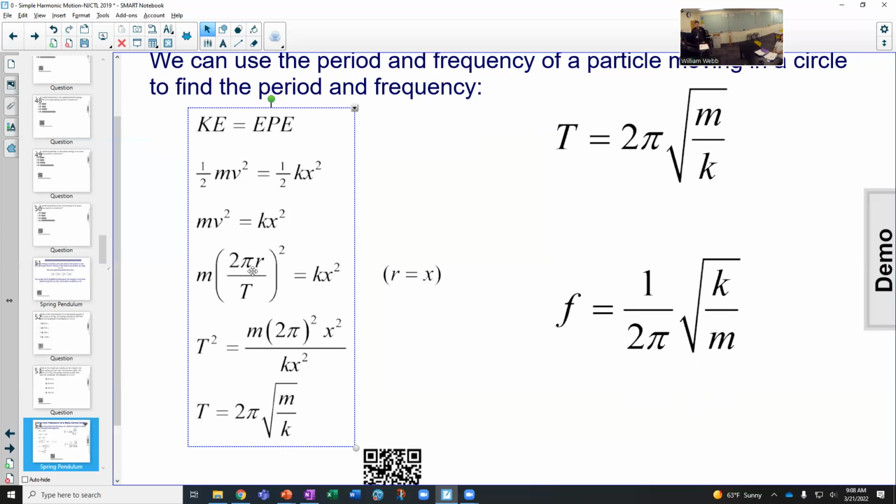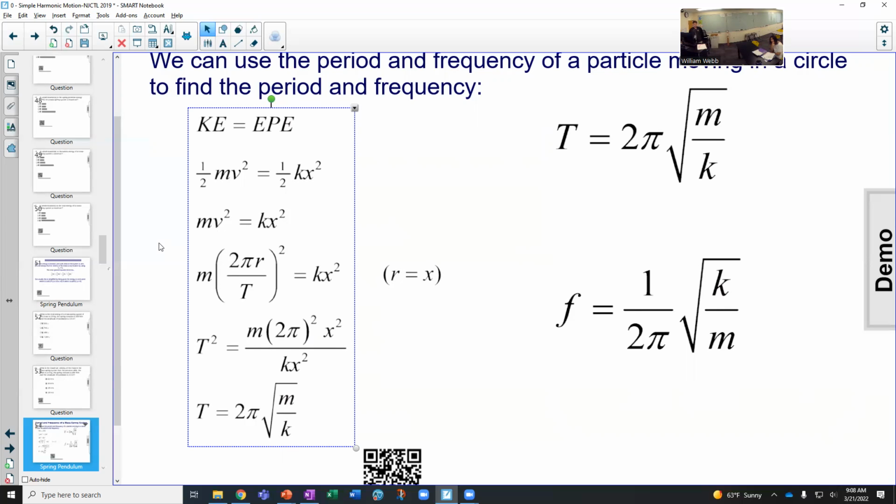So if we think about circumference, instead of actually going in a circle, but 2 pi times the displacement, you can see they actually make a note here that r is really just the displacement, but it's that sine cosine relationship. We could plug in the circumference divided by the period basically for velocity.